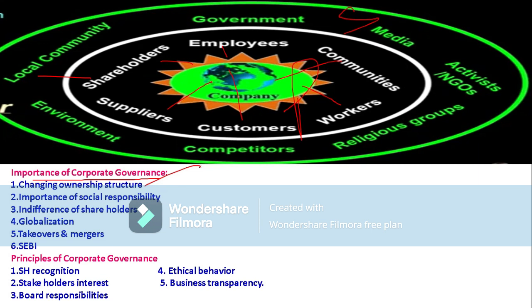Right, it means it is following a good code of conduct. So whenever a company follows corporate governance, definitely the company that wants to purchase or take over will come forward without any hesitation. So if a company is following corporate governance, definitely changing ownership structure will become very easy.